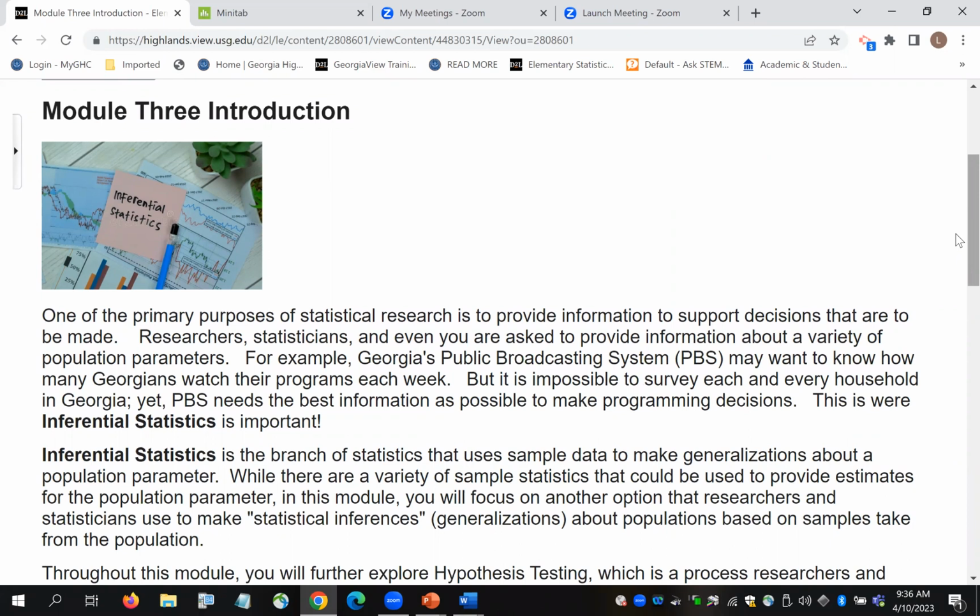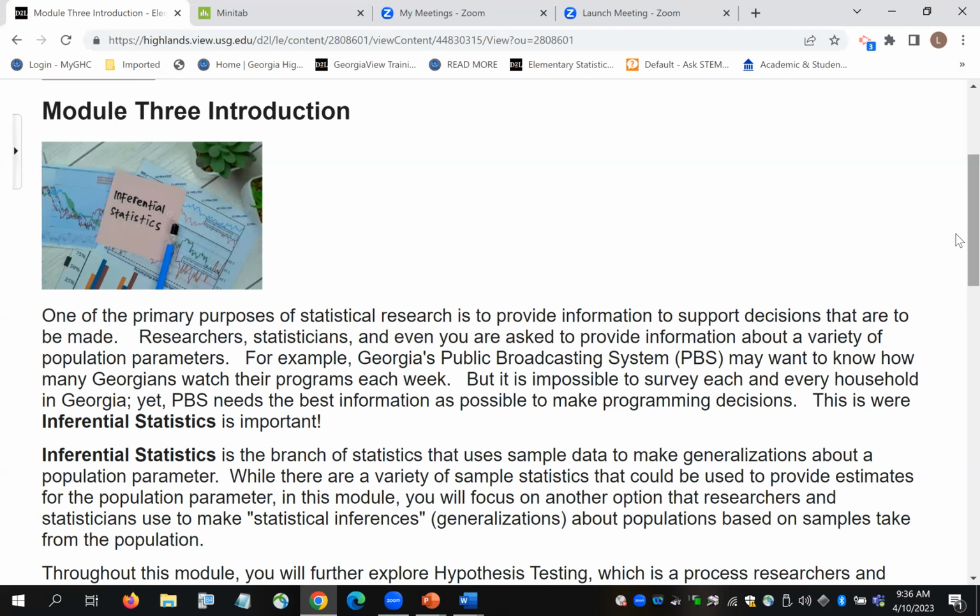Remember, we talked early on at the beginning of the term that there are two branches of statistics. You have descriptive statistics, where you describe the data. That's basically stating just the facts: the mean, the median, the mode, the range, the number of values you have. You're stating facts about the data set.